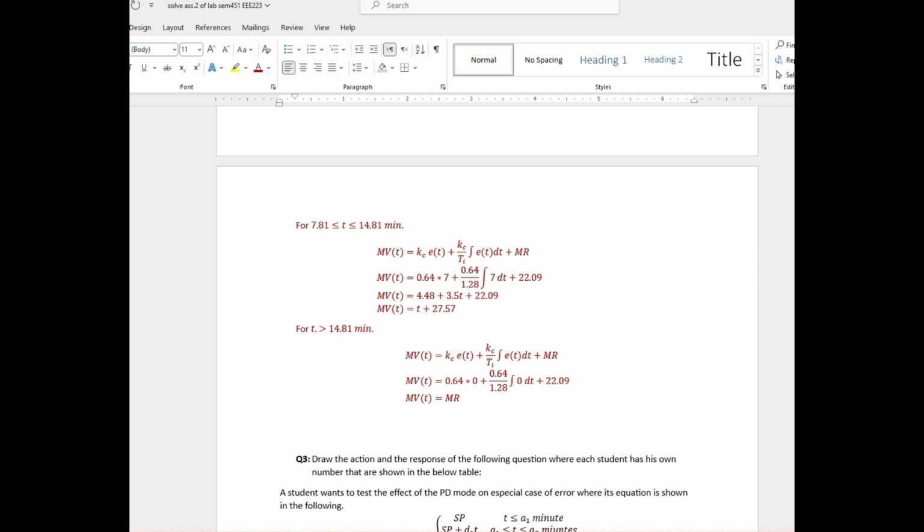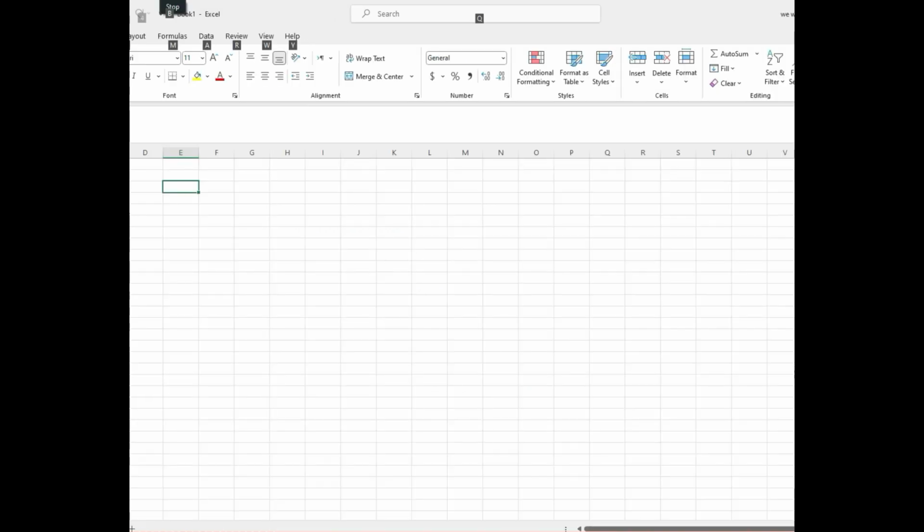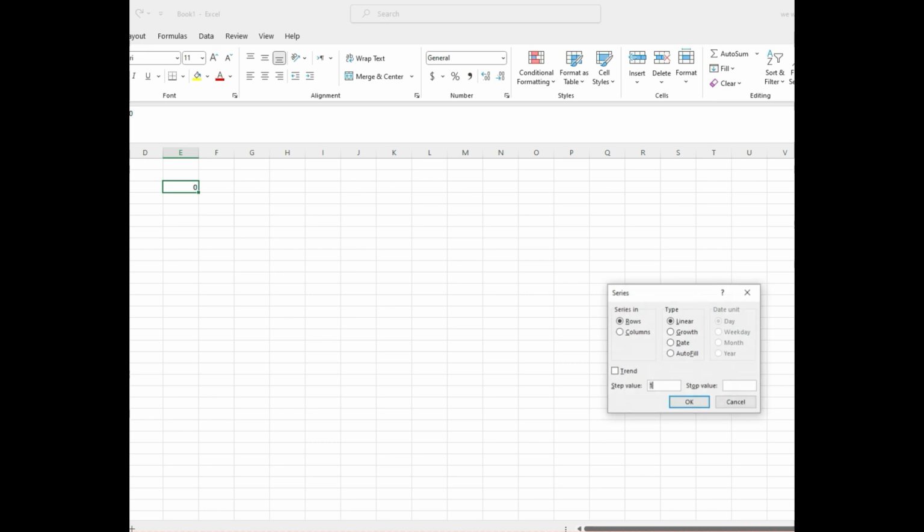So now we want to draw the graph. As you see here, first we need to create the time. Just put here 0, then go to the fill, down, sorry, series.